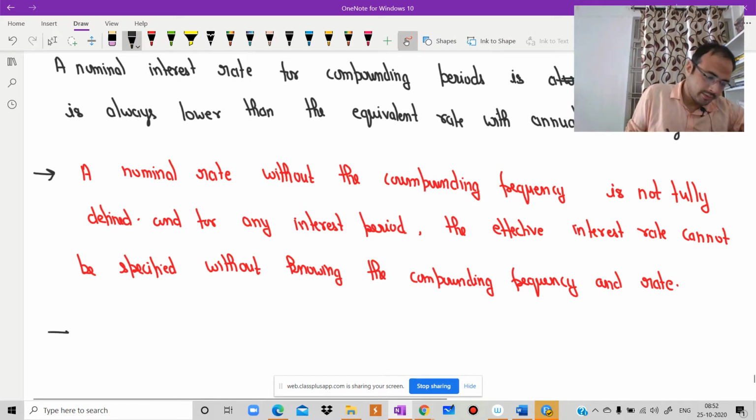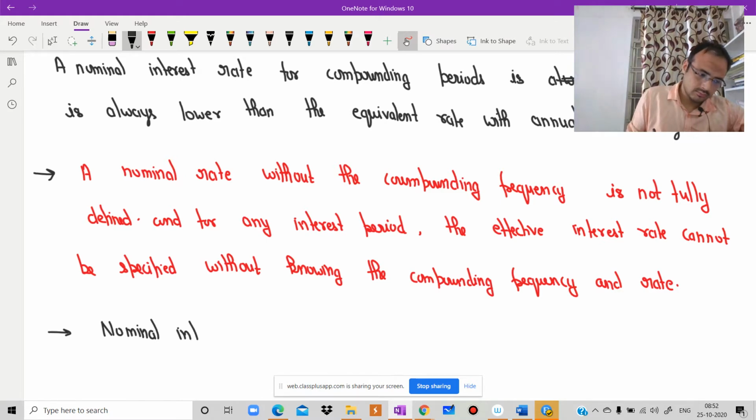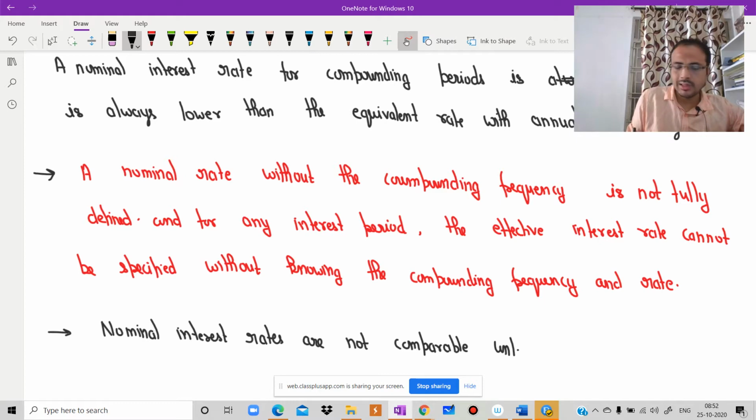One more thing you need to remember: nominal interest rates are not comparable unless their compounding periods are the same.